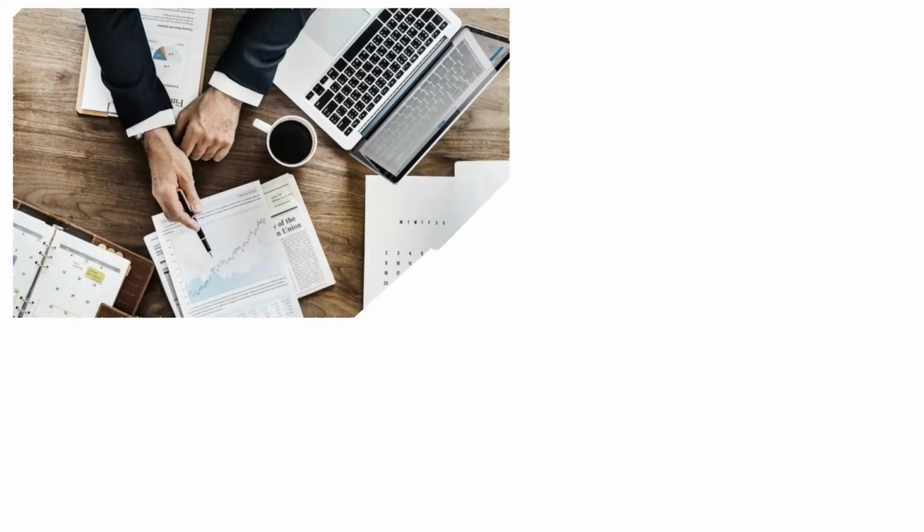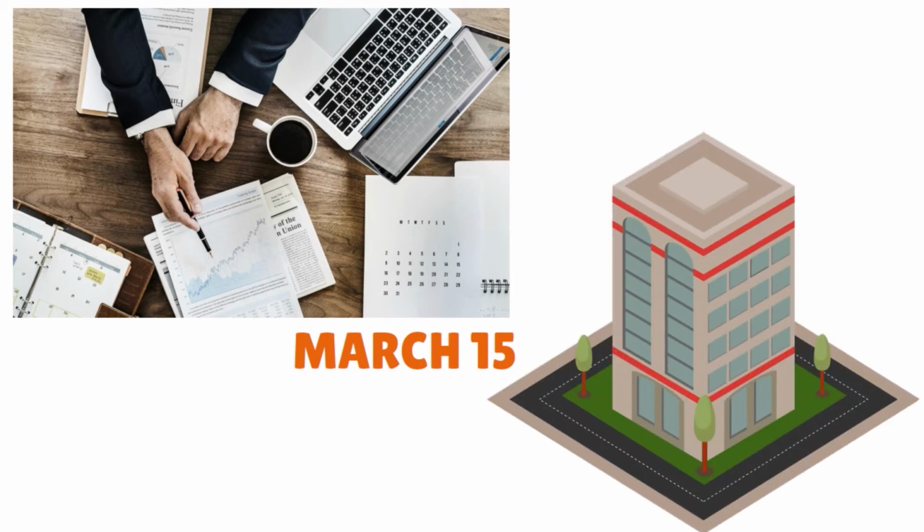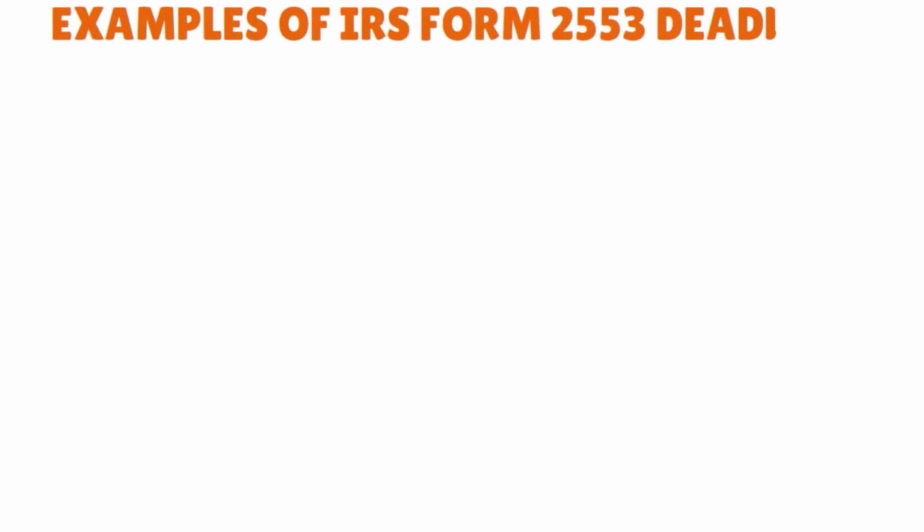Established businesses can also file anytime during the preceding tax year. That means no later than March 15th for most businesses, but deadlines can differ for new companies and companies that follow a non-calendar tax year. Let me give you a few examples of IRS Form 2553 deadlines.